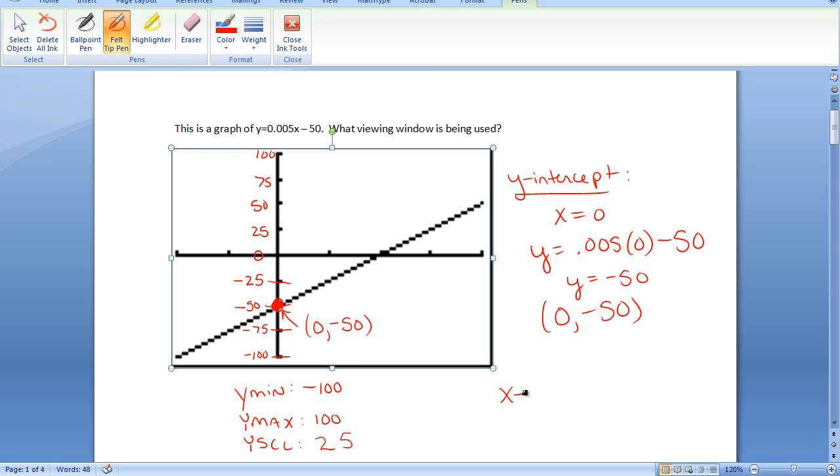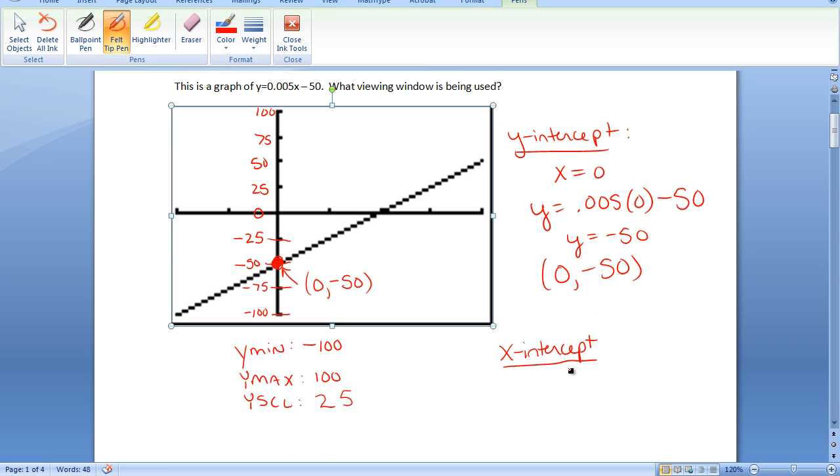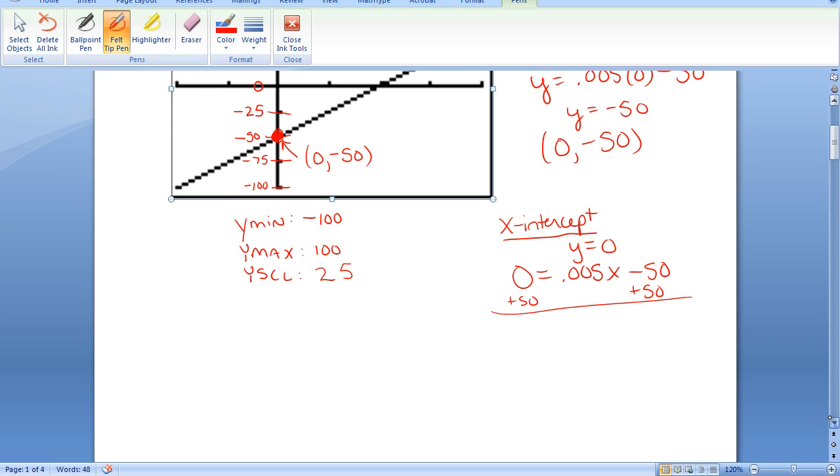I'll go ahead and find the x-intercept using the equation. The x-intercept occurs where the y value is 0. So I let y equals 0 in my equation, and I solve the equation for x. Adding 50 to both sides, I now have 50 equals 0.005x.